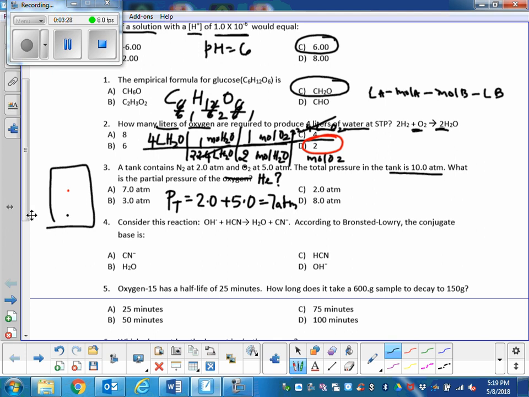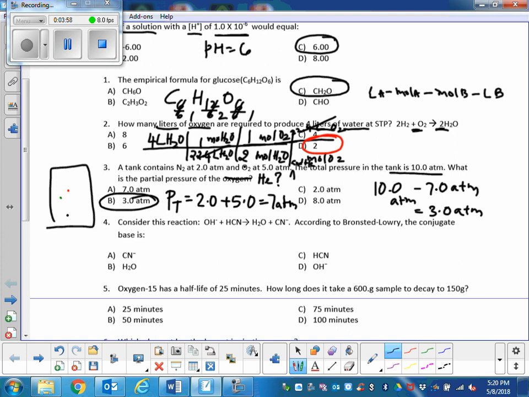The total pressure is 10 atmospheres, and we subtract out 7 atmospheres from it, which leaves us with 3 atmospheres. So there aren't 2 gases, but actually 3 gases. It contains nitrogen, oxygen, and helium. And we are finding the partial pressure of helium, which is going to be 3 atmospheres.